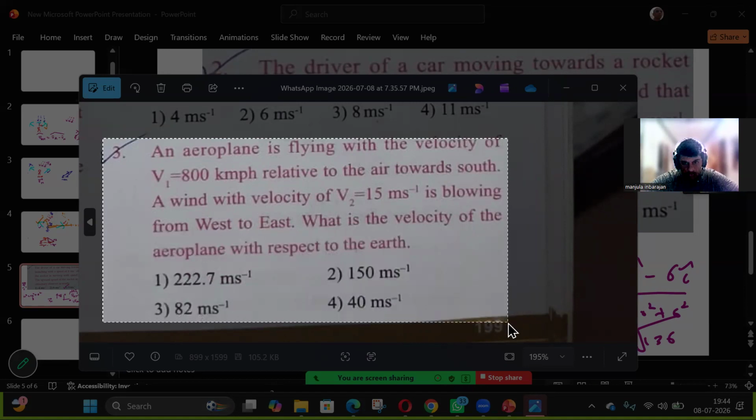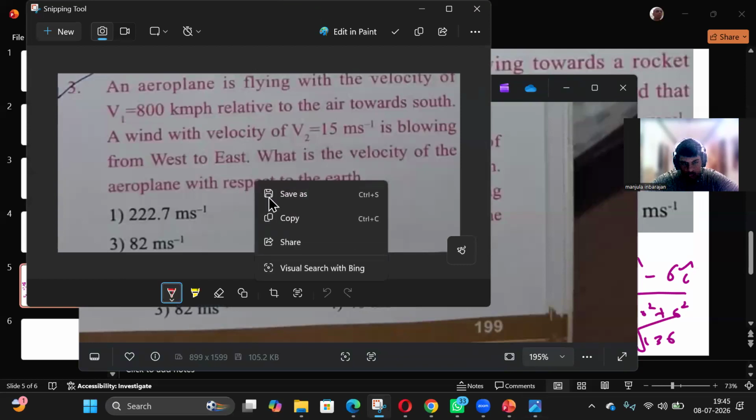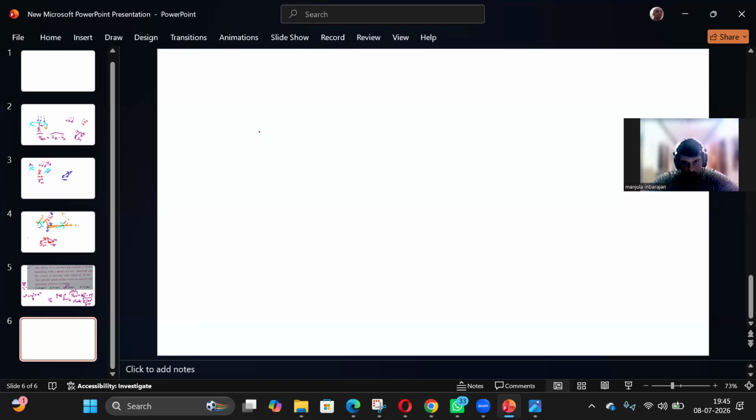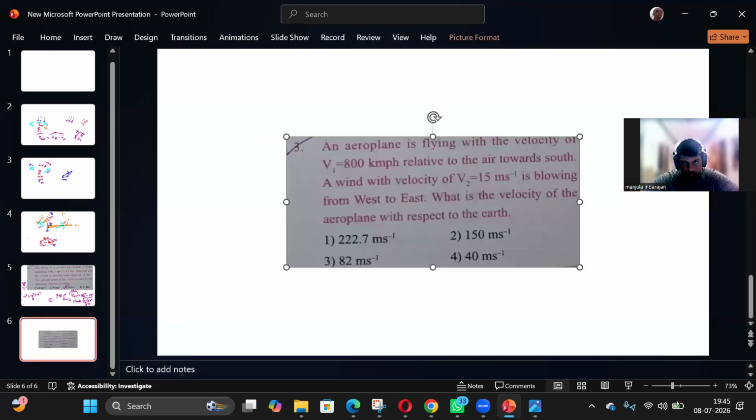Get the answer. First of all, draw a figure. Then, relative velocity.